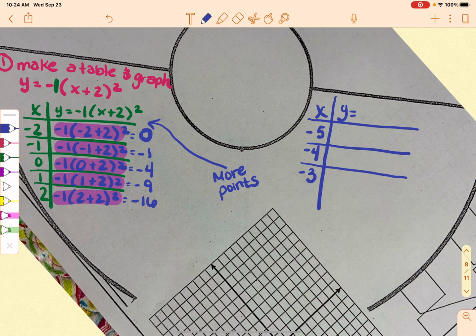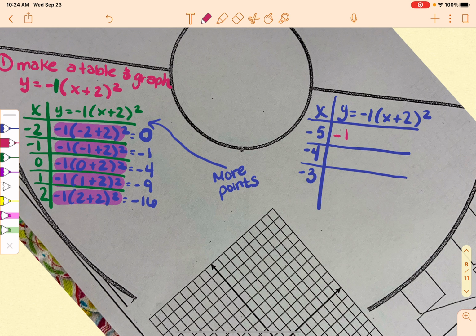So y equals -1 x plus 2 squared. Now we're going to do the same thing. We're going to plug these in to the spot for x, and I hope we start to see some numbers that repeat. That would be something that would help us.